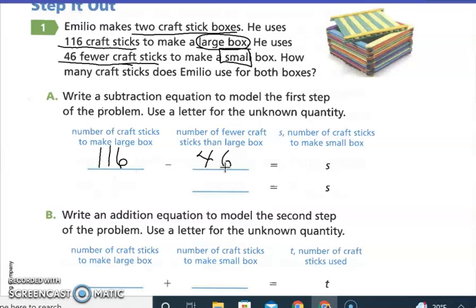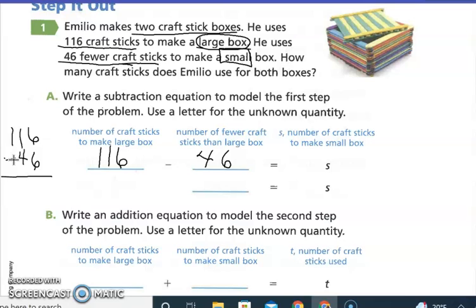Okay? So now we have to work that. I would go over to the side and I would write it down and I would work it. Some of you may do it in your head, but this way you'll know for sure you get the right answer.